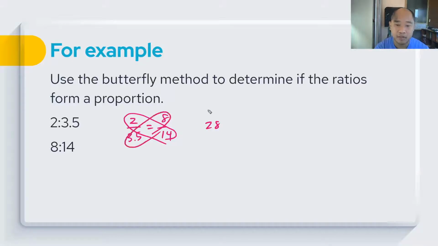And 3.5 and 8, that's 28. Yep. So these are proportional. Alrighty.